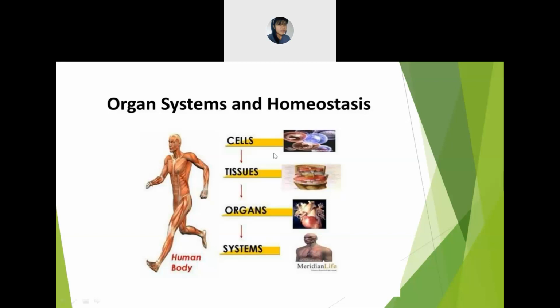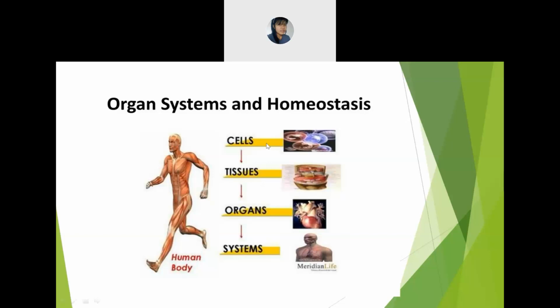Okay, what I was saying. This is the flow chart of the cells in general. First come the cells, then the tissues, then organs, then the system, whatever system we have discussed. Cells are the structural and functional unit of life.